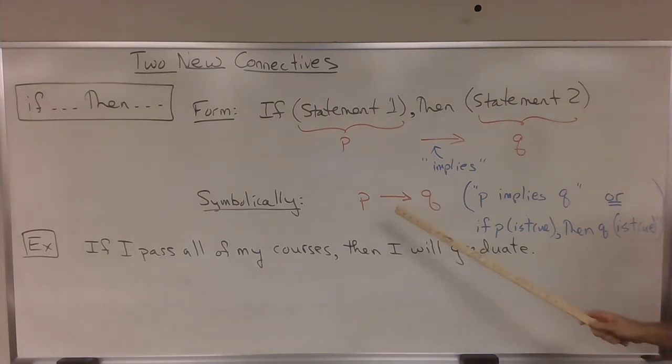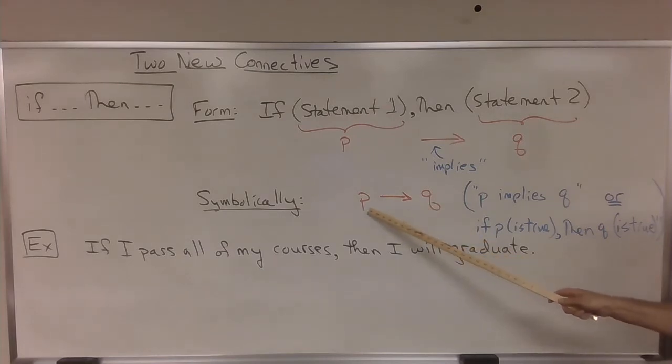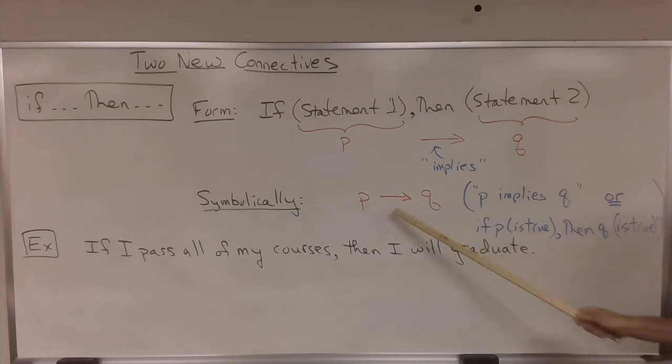So we look at this and we say, if P, then Q. In other words, if P is true, then Q is true. Or we look at this and say, P implies Q.